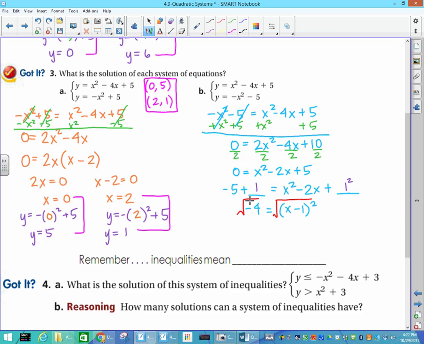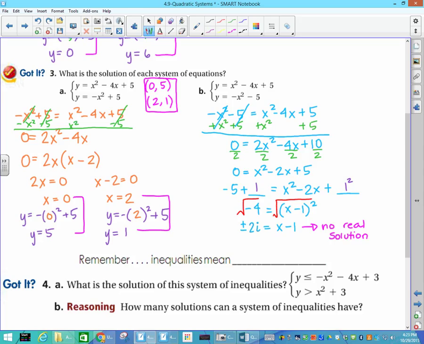The square root of negative 4, we just learned in the previous lesson, is plus or minus 2i equals x minus 1. And if you get a complex number when you're solving this, that is enough to tell you that there is no real solution because these solutions are complex.